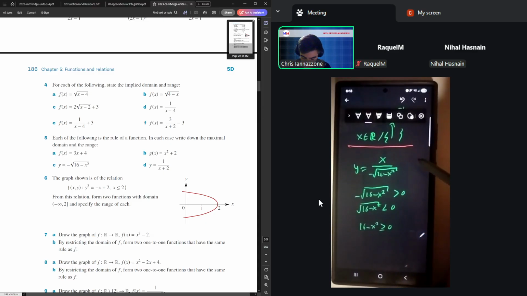So if we walk it back to what we were trying to do in the beginning, which is to say, okay, maximal domain, the inside of the root needs to be greater than 0. That's the only thing that mattered. The actual equaling 0 of it itself could still happen, because it's shifted up and pointing down.